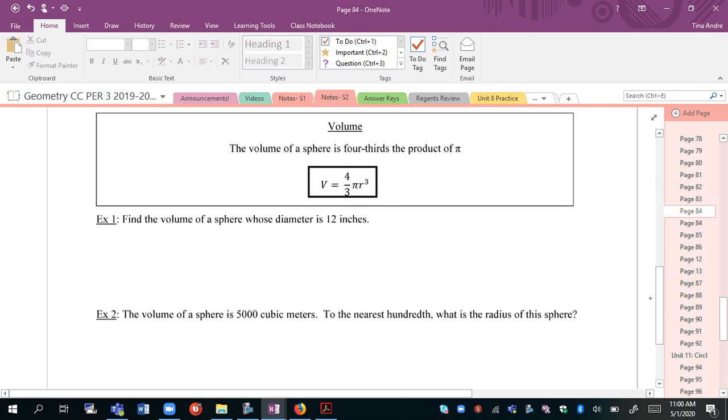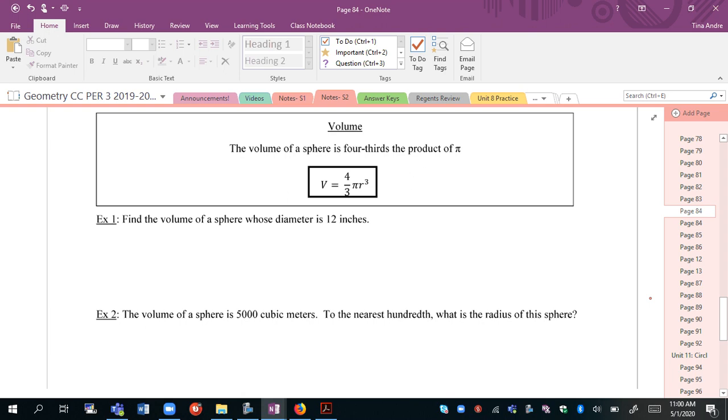So for volume, here's your formula. This is provided on the reference sheet. We will leave the answer in terms of pi unless the directions tell us to round. Leaving it in terms of pi is your exact answer. That's the best answer that you can provide. If the directions tell you to round, then you're really giving an estimate, and you will round.